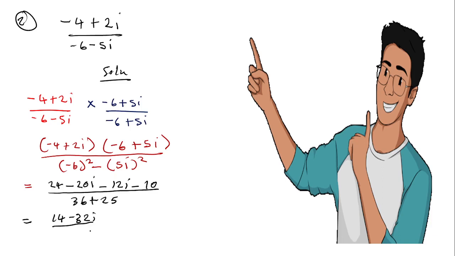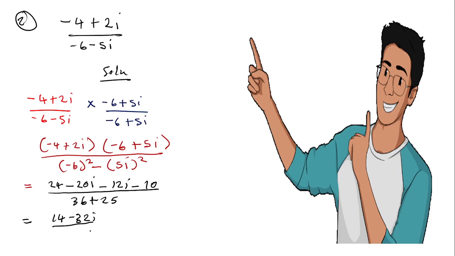If you work out this expression, you separate these terms, and you're going to have 14 over 61, and then minus i times 32 over 61.